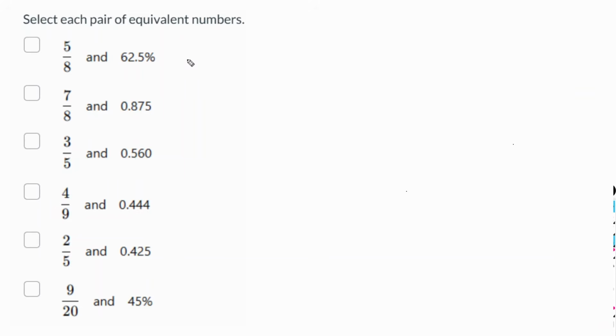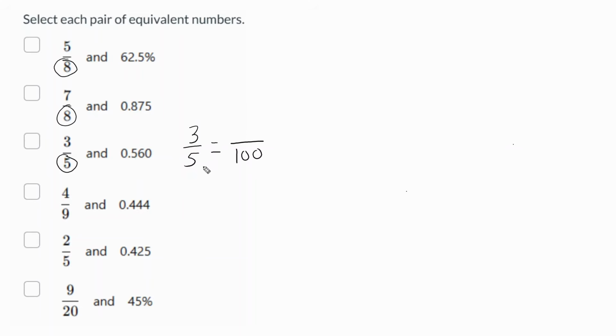All right, so this problem says select each pair of equivalent numbers. What I like to do is, if the denominator fits into 100, which 8 does not, but 5 does, you could easily take that fraction, set it equal to an equivalent rate out of 100, and this number would give you the percent.